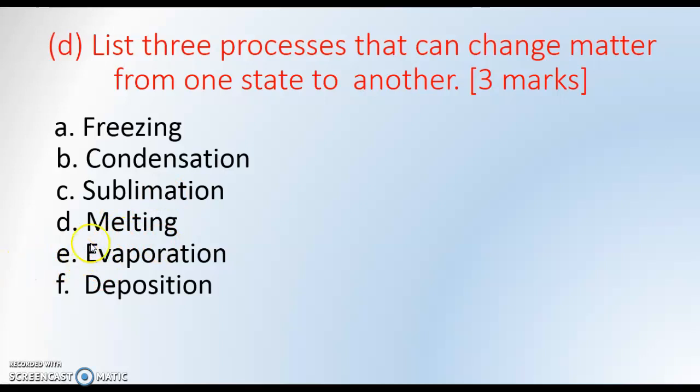We have melting, just as oil will melt, or shea butter will melt, or an ice block will melt from solid to liquid. Evaporation, where we have liquid changing to gaseous state. And we have deposition. Deposition is used to explain where, when condensation takes place, some of the water is changed into ice or haze.